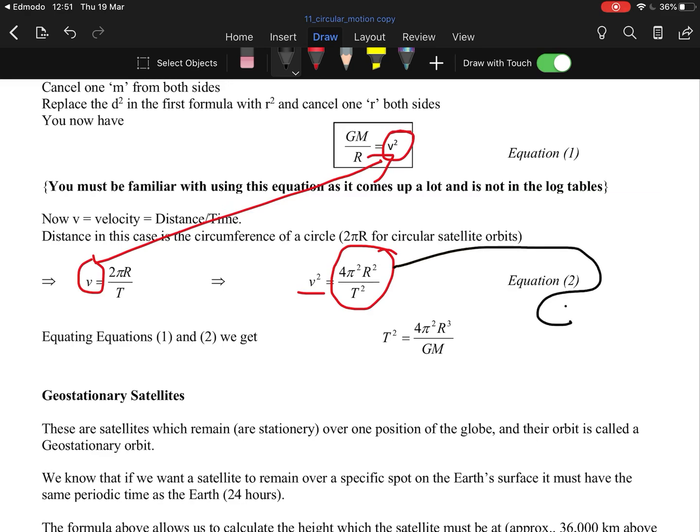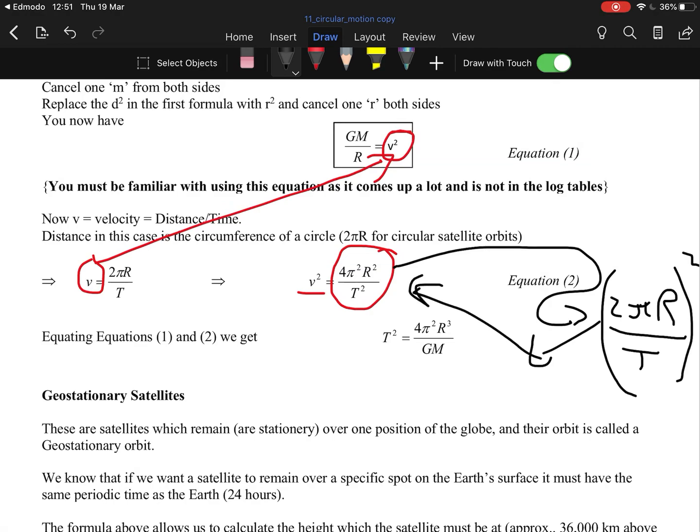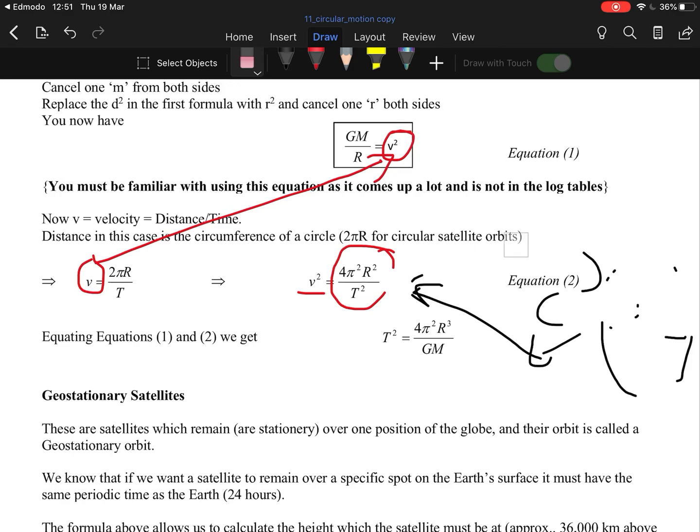This comes from 2 pi r over t, all squared, which becomes, as you can see, 4 pi squared r squared over t squared. Okay, so rub out, thank you. Excellent. See, this is why I don't like using the tablet.